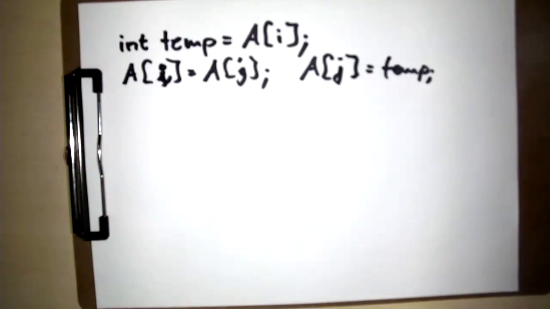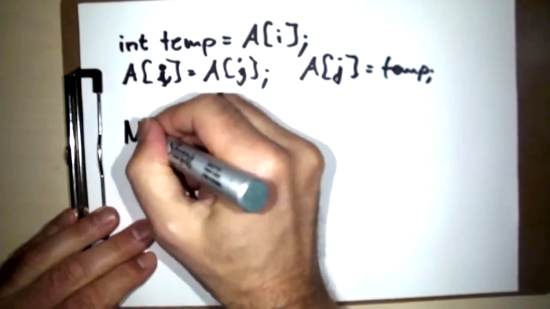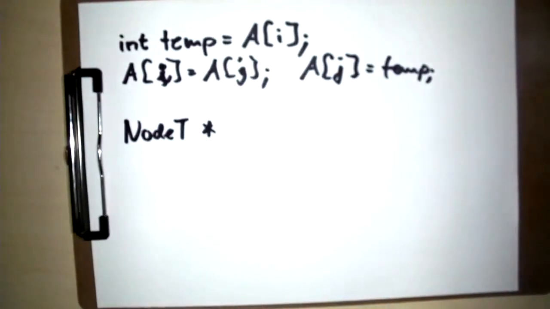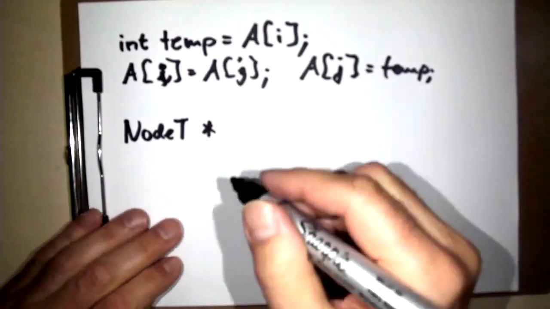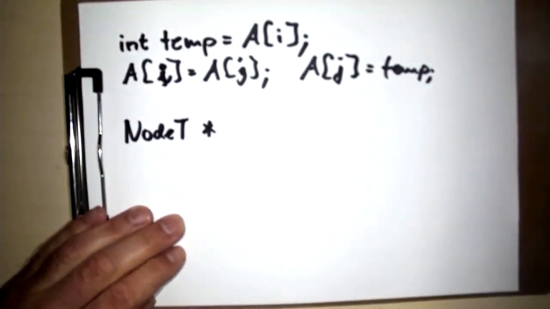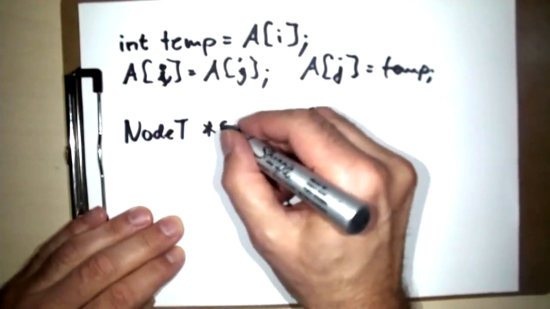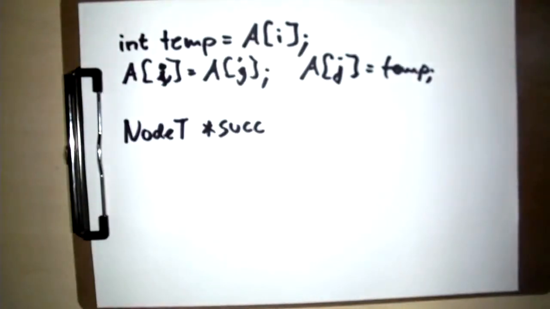Yes, we need an extra pointer, just like the temp here. Say we use the same definition of a node of a linked list, the node type T, and we have a pointer which you want to call maybe temp, or it might be easier if we call it successor, because that makes it clearer what we mean.